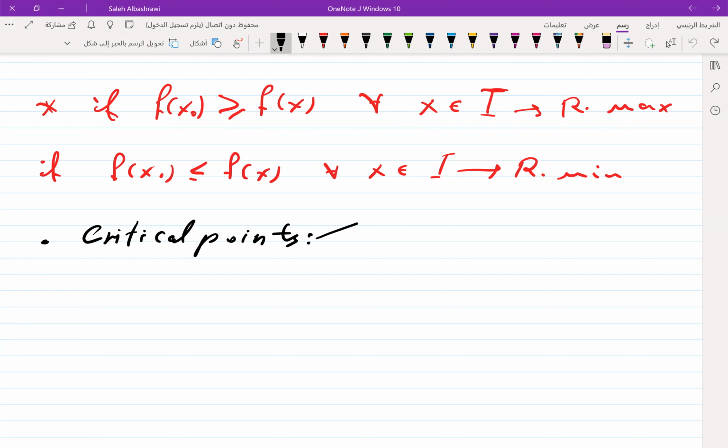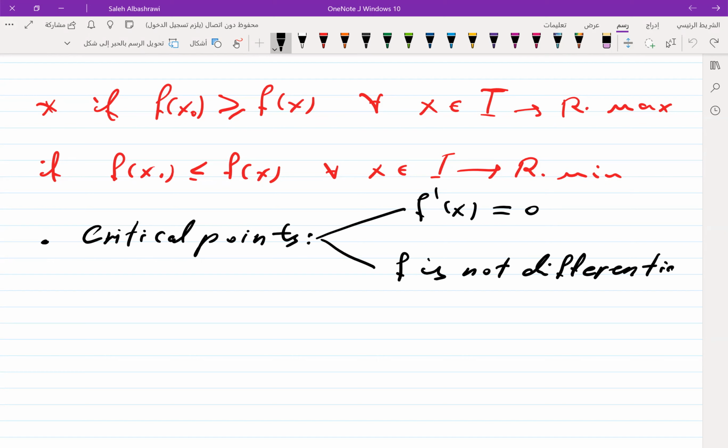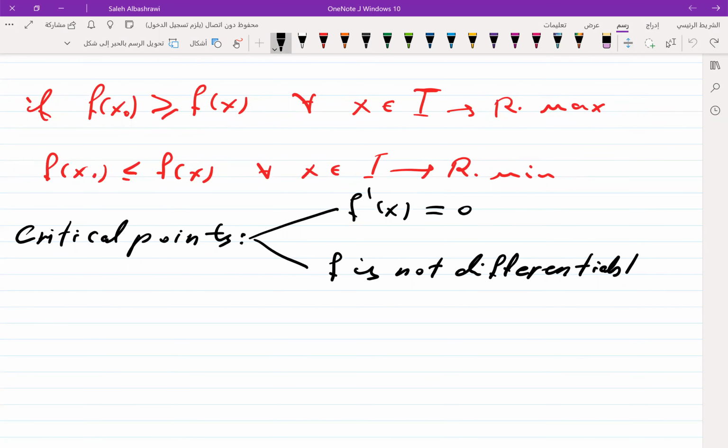For the critical points, either the derivative f prime of x equals 0 and we solve for x, or f is not differentiable. If the derivative equals 0, then the solution of that equation is a critical point, and that type of critical point we call a stationary point.